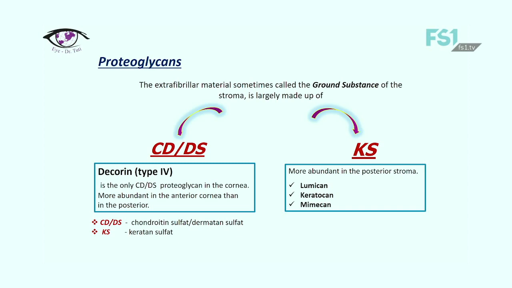Keratan sulfate proteoglycan is more abundant in the posterior stroma, and there are three types of this proteoglycan: lumican, keratocan, and mimecan. Lumican is responsible for corneal transparency. Lumican, keratocan, and mimecan are also found in other tissues, but only in the cornea they are present in a highly sulfated form.